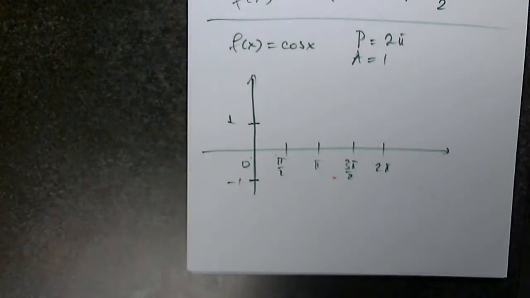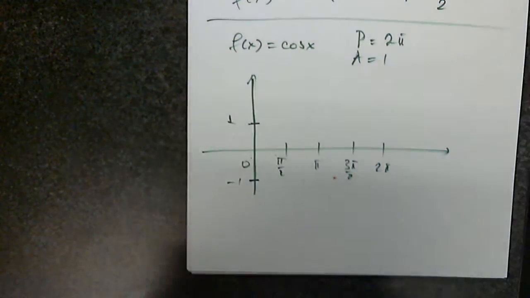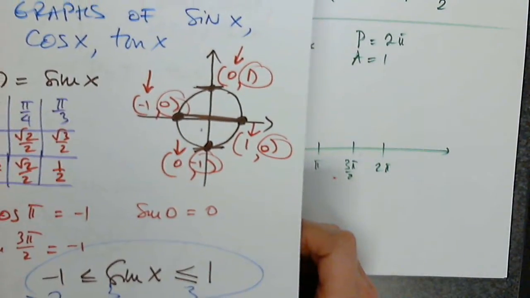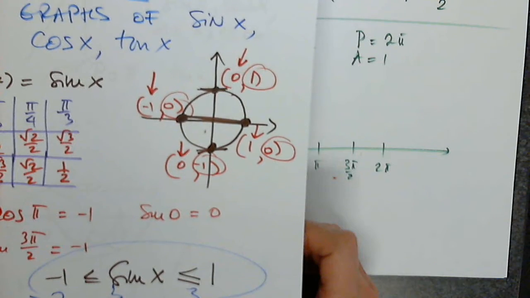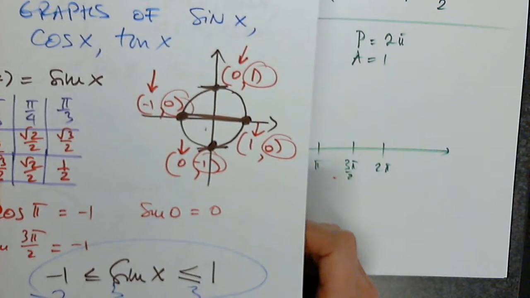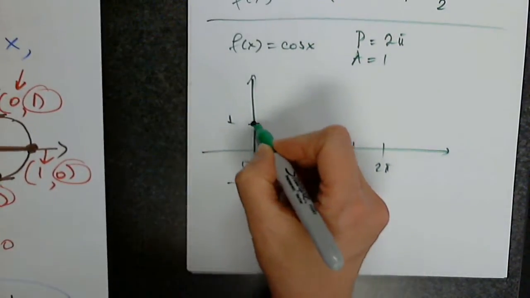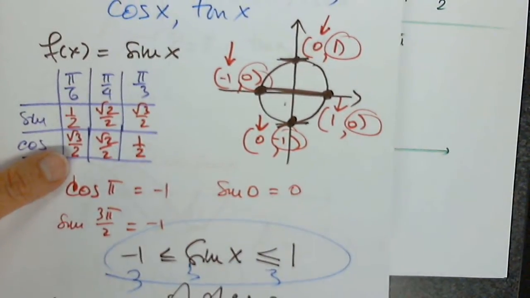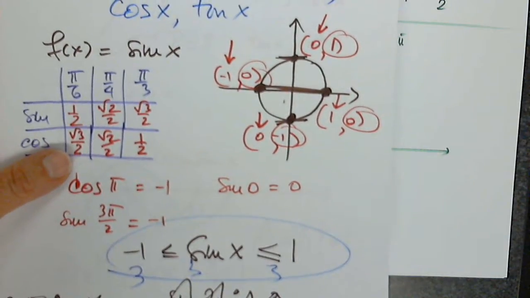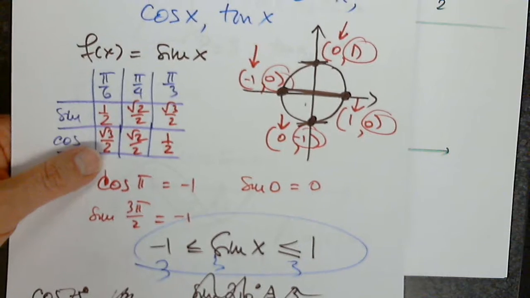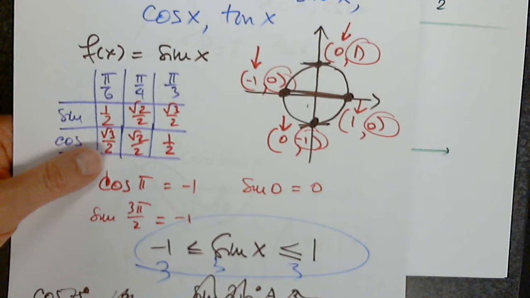So let's go back to our unit circle. Cosine 0 is measured on the x-axis. Cosine 0 is 1. Cosine pi over 2 is measured on the x-axis, 0. Cosine pi is measured on the x-axis.